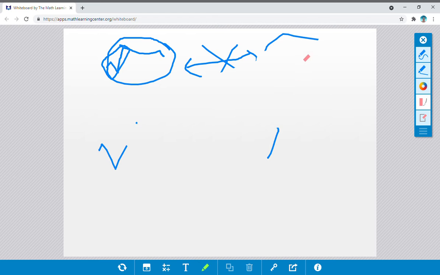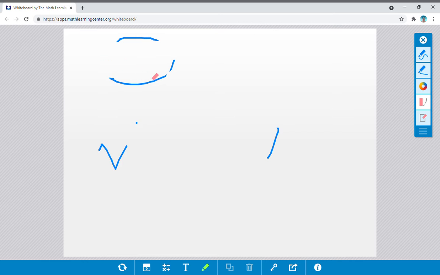So let's say, let me erase this quickly. It's so hard to erase on this whiteboard. This is basic, yeah. So let's say we have the square root of 36.